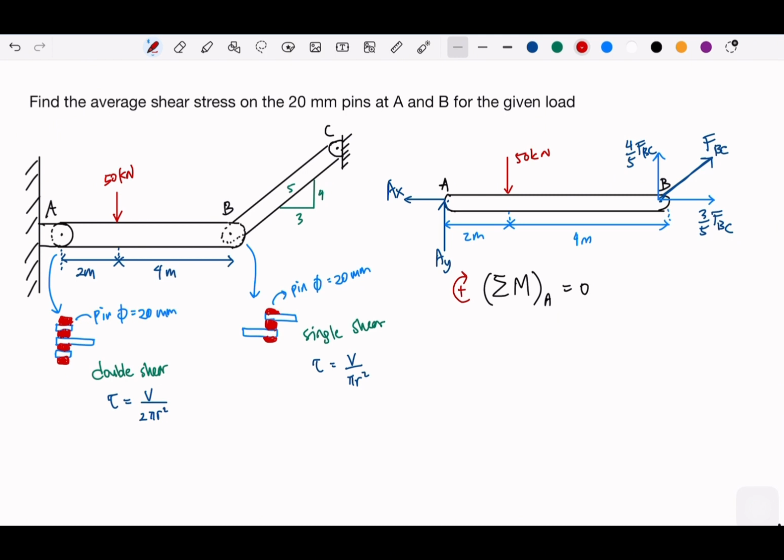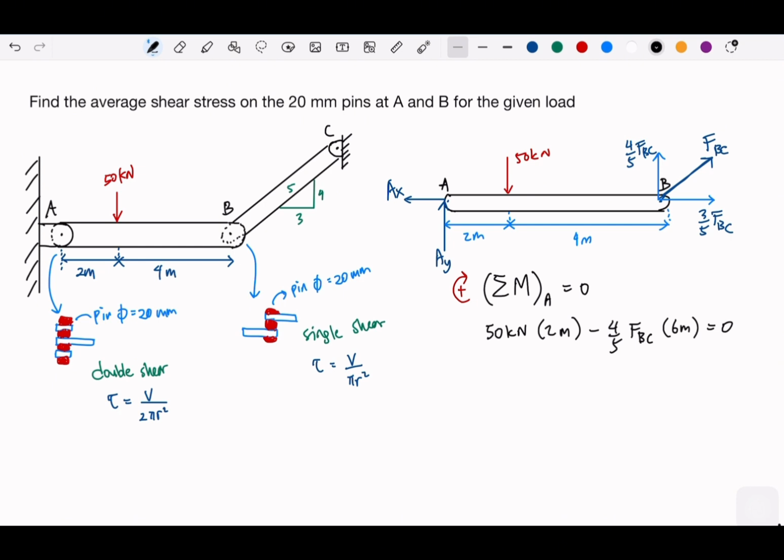So we write 50 kilonewton multiply with 2 meter. This is positive, right? And then minus 4/5 FBC multiply with 6 meter equal to 0. So we could get the FBC.